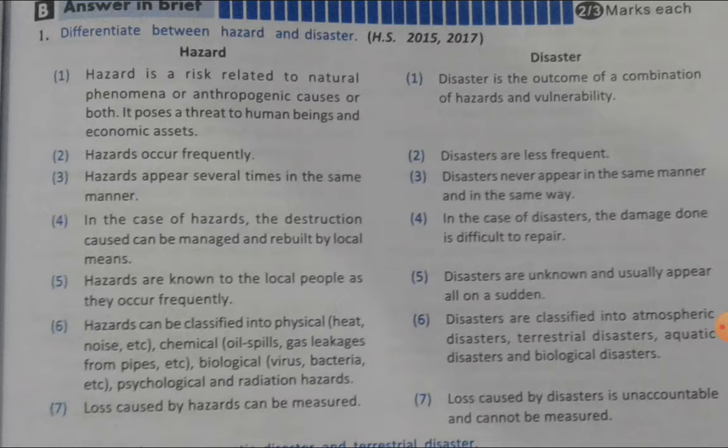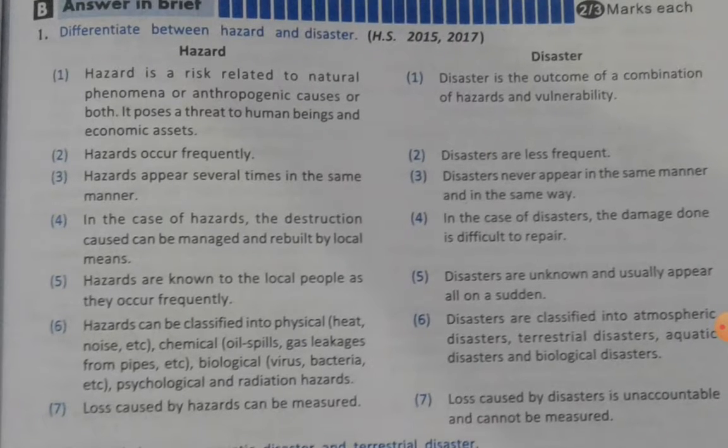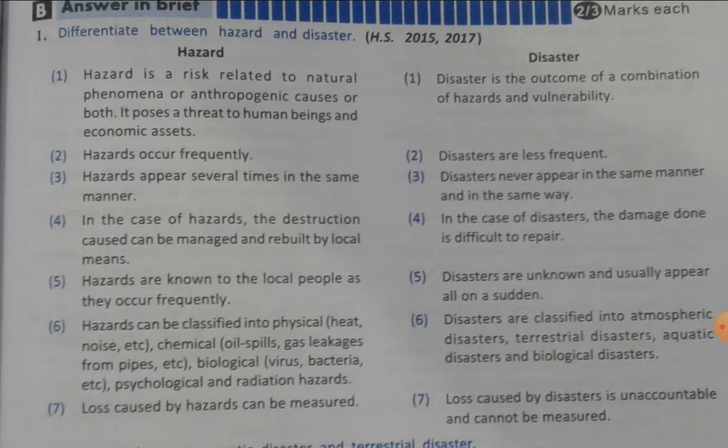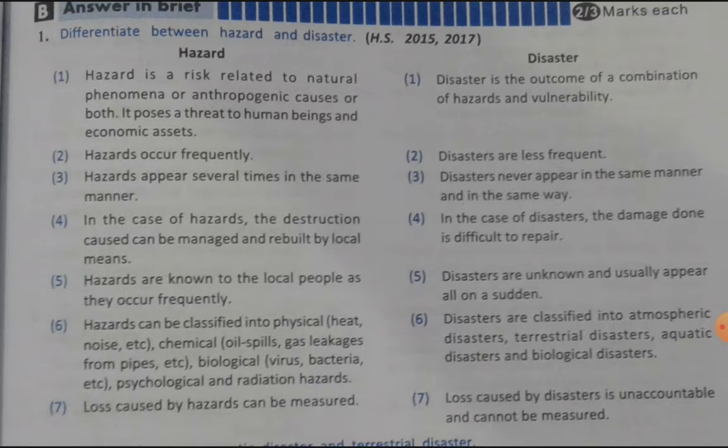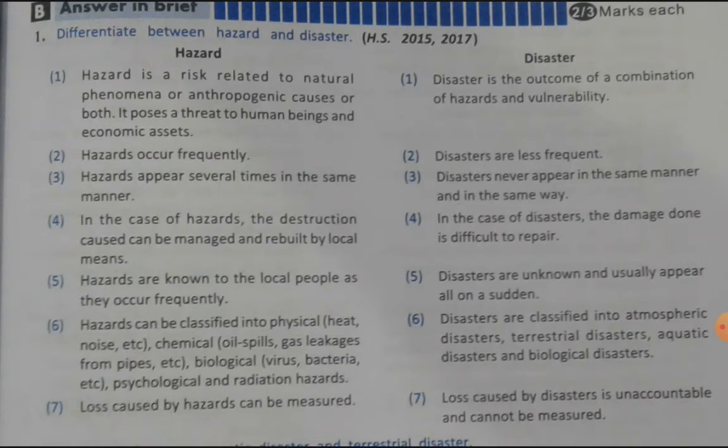In the case of hazard, the destruction caused can be managed and rebuilt by local means. In the case of disasters, the damage done is difficult to repair. Hazards are known to the local people as they occur frequently. Disasters are unknown and usually appear all of a sudden.